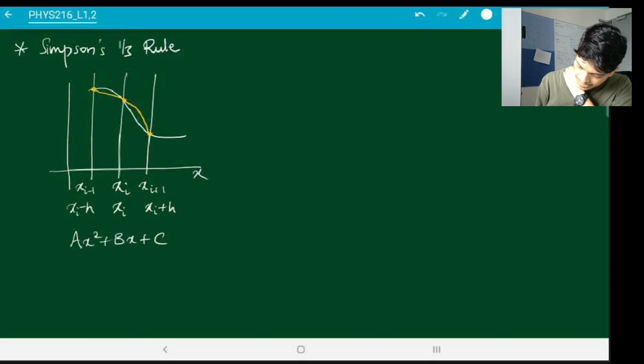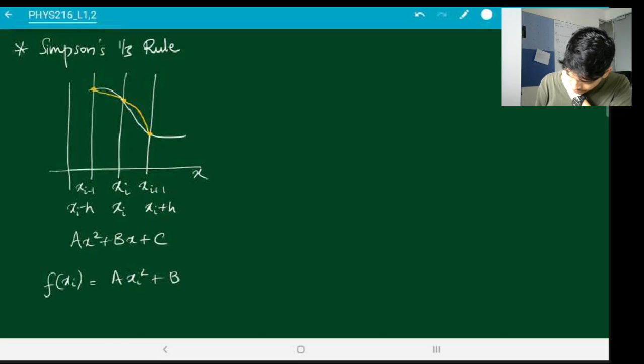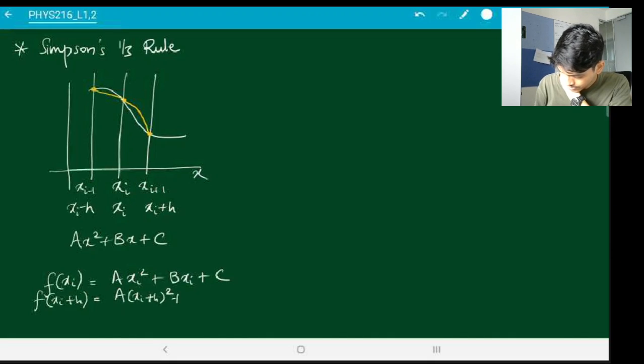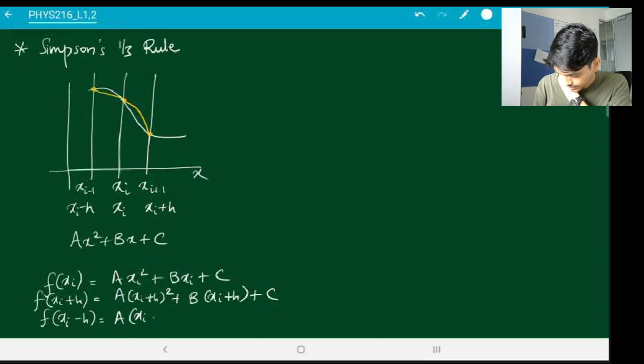Then at this middle point, the function f of xi has to be a xi square plus b xi plus c. The function at xi plus h is a times xi plus h square plus b times xi plus h plus c. And similarly for the previous point, xi minus h, this has to satisfy this equation.